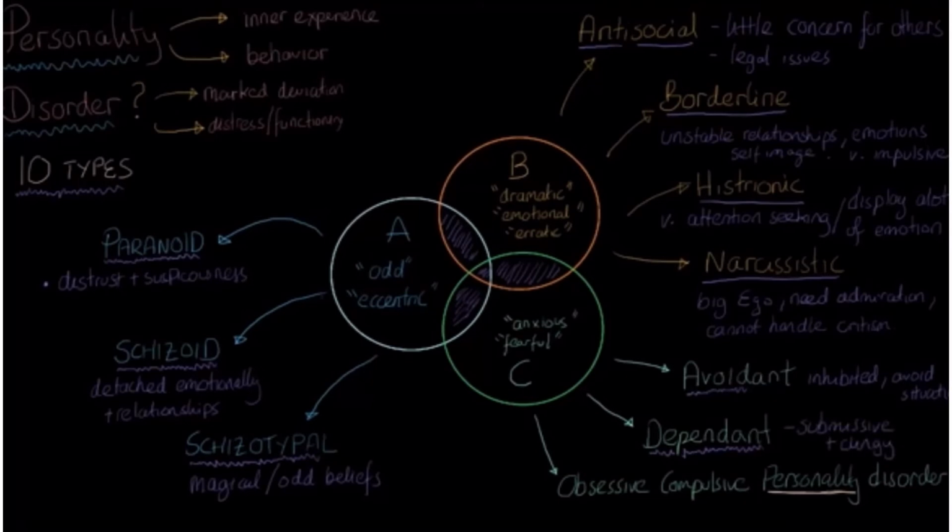Now, I just want to spend a second on obsessive compulsive personality disorder, because these people can be very focused, right? Very focused. They want their life to be in order, things to be perfect, and for them to be in control.